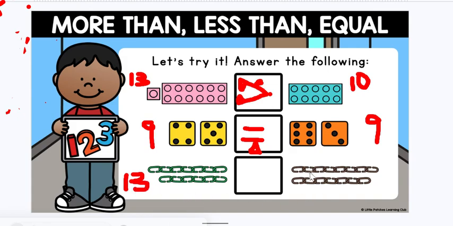And how many on this side? 15. 15 is on this side. All right, now let me ask you, which one is more than? Is 13 more than, less than, or equal to 15?